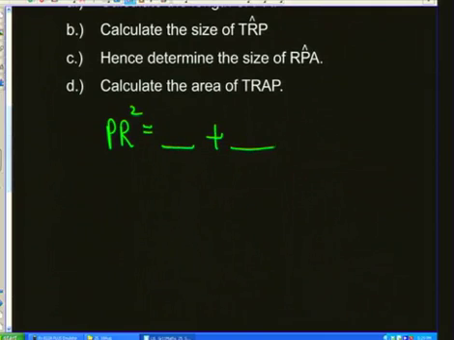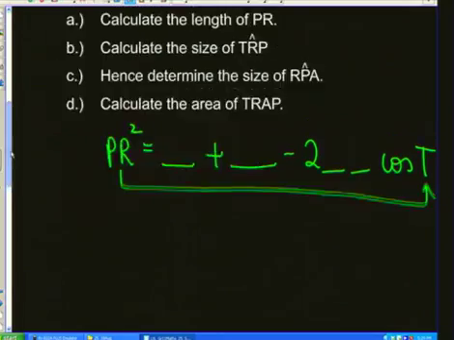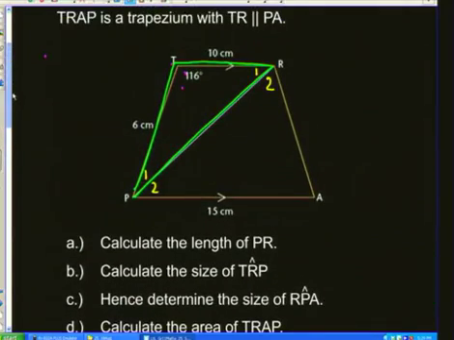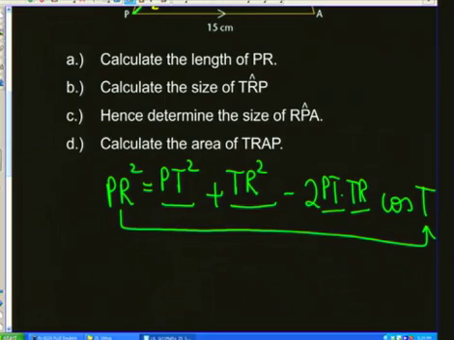We're going to square the other two sides, and then we're going to take away the product of those two sides, and we're going to multiply it by the cos of the angle that's opposite PR. So the information always works in opposites. T and PR must be opposite each other. Okay, we've left the diagram behind, so let's take TR squared and PT squared. So it's PT squared plus TR squared minus 2PT times TR times the cos of T.